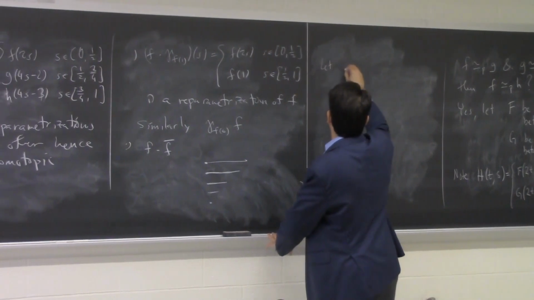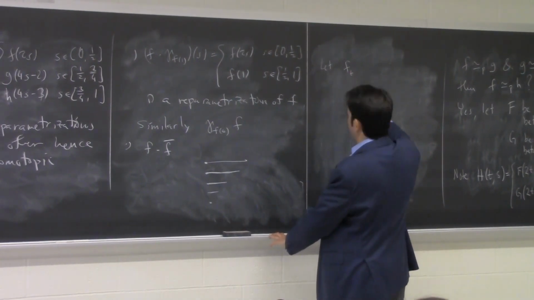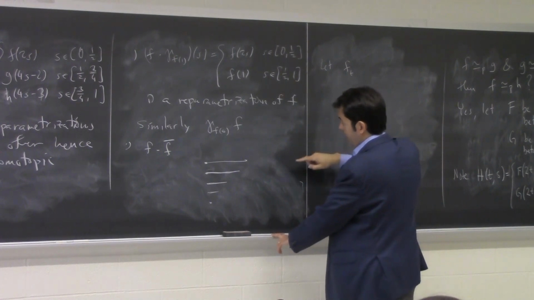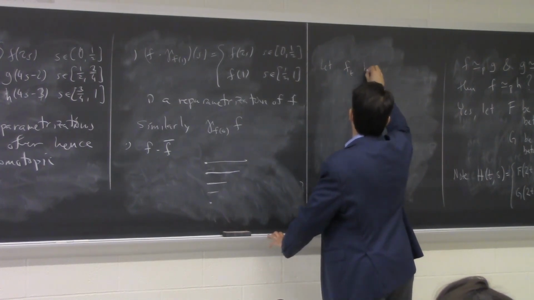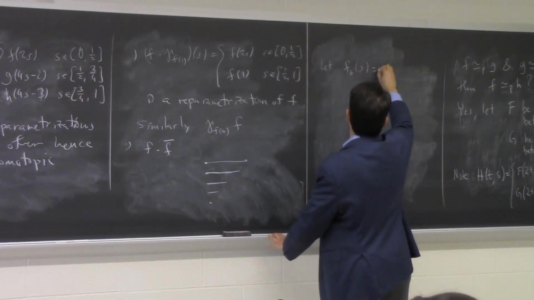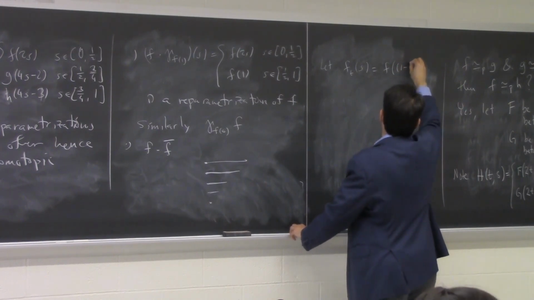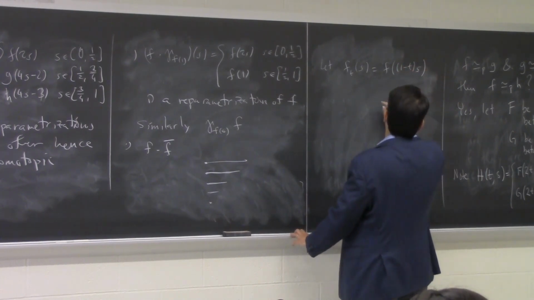So let f sub t be the path. Well, let's write it down. So f sub t of s is equal to f of 1 minus ts, I think will work.